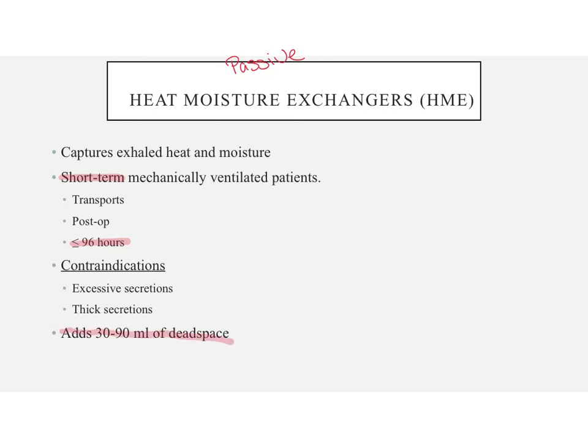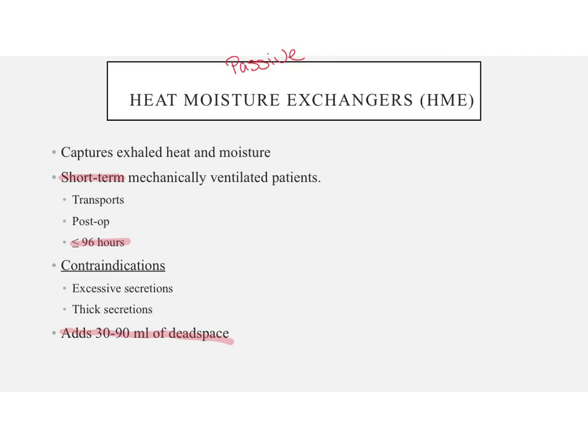So is there a patient population that you can think of that this dead space would make a difference? So 30 to 90 mLs of dead space, yes, would affect infants, because 30 to 90 mLs is the tidal volume of an infant.